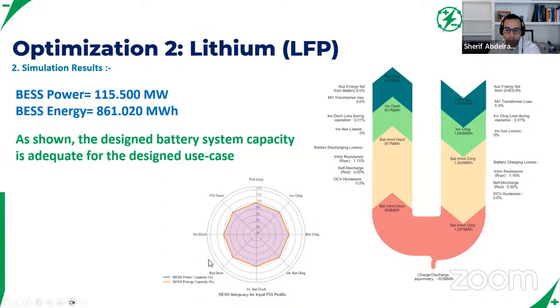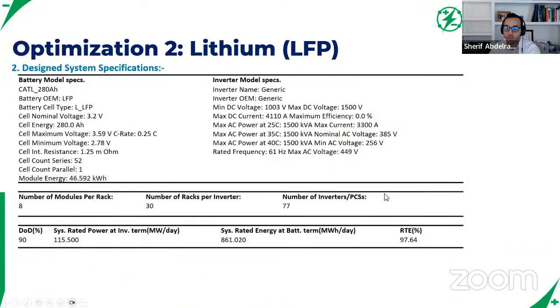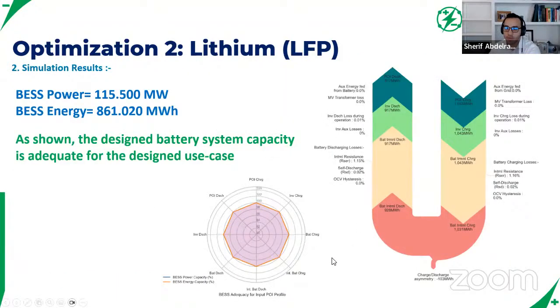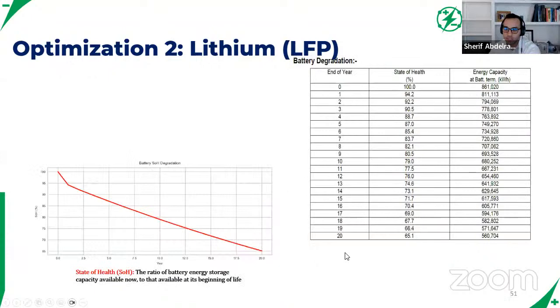But in addition, we can see that with the design we set here, we're meeting 100% of the usage profile we inputted, which is this one. So we know our system is adequate for the use case. Now let's start looking at the degradation here. What we found is, for a 20-year project life, we reach 65% at year 20.